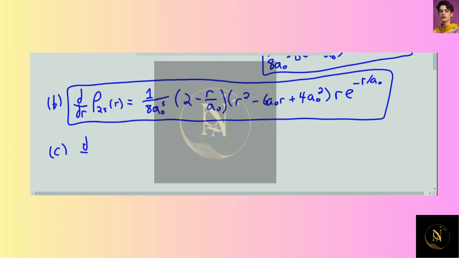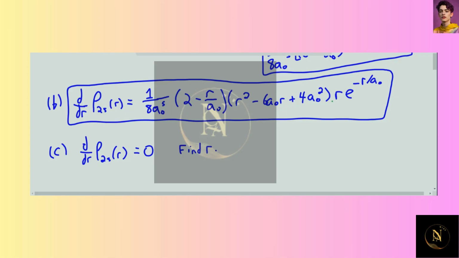So that's just straightforwardly taking the derivative of the equation that we derived in part A. Then we have to find when P2S prime of r equals 0. So it's 0 equal to the equation we just found, and we're finding the values of r. We can do this by inspection.